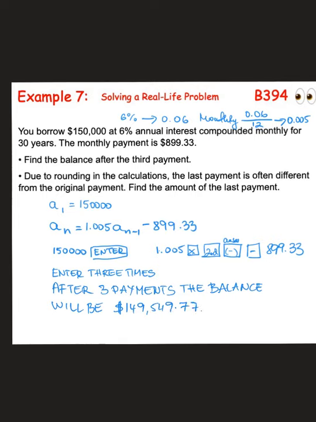Now we need to figure out how much the last payment would be. So we are going to press enter as many times as necessary to get near $899.